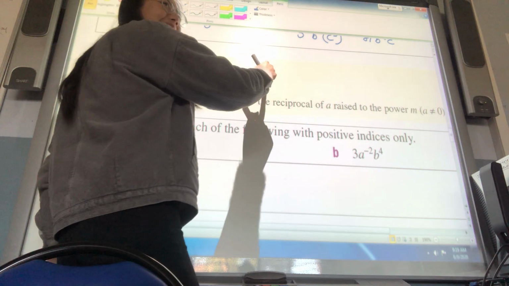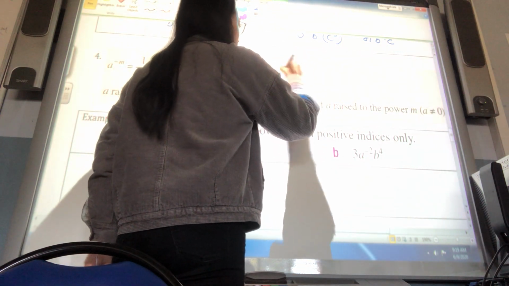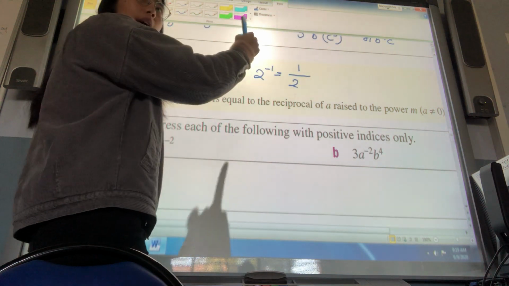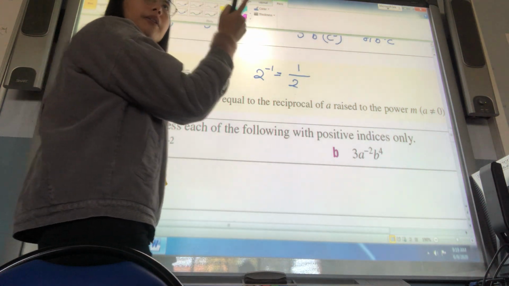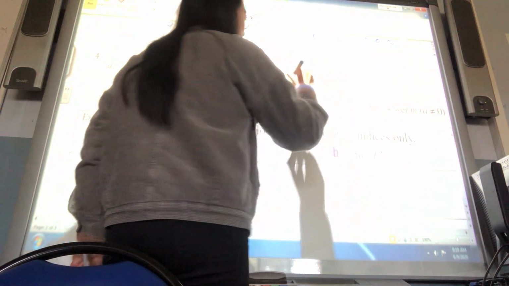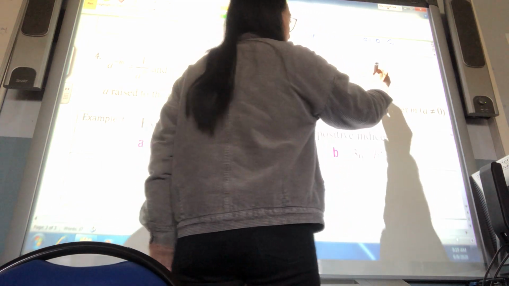So whenever you see a negative sign, to get rid of it, you write it as a fraction. So whatever that's here goes on the bottom, and it's 2 to the power of negative 1. So 1 is the actual number, right? It goes on the bottom with it. So 1 over 2. What if you have 2 to the power of negative 3? What's that equal to?